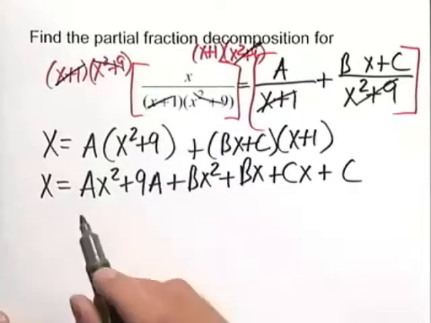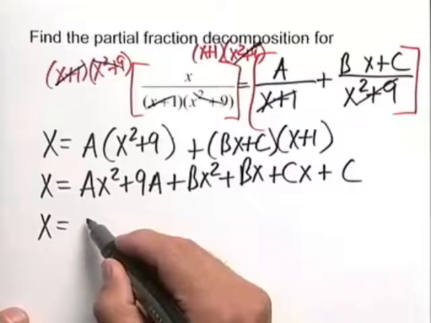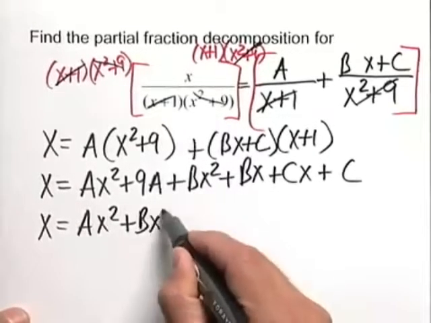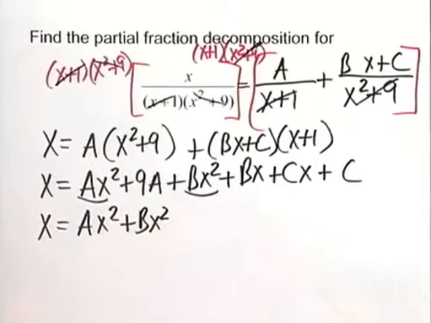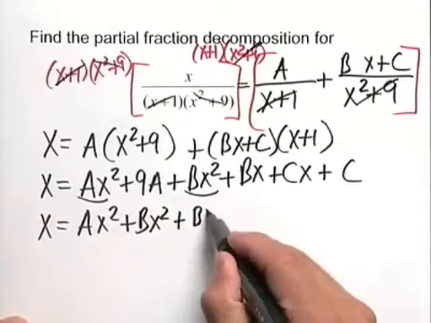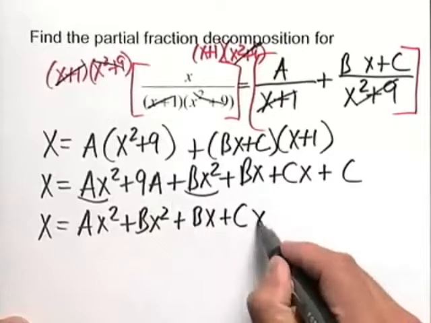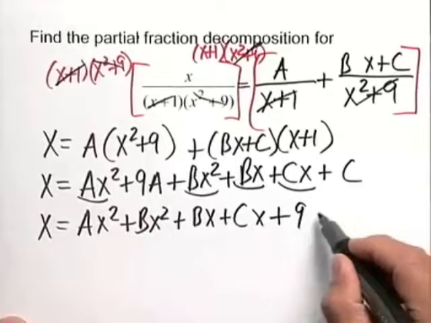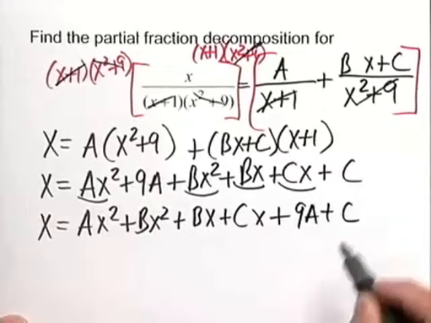I'm going to leave the x, believe it or not, on the left, but in terms of the x squared, we have Ax squared plus Bx squared. I'll mark those. Let's look at our x terms now. We have a plus Bx plus Cx term here. And finally our constants, plus 9A plus C.